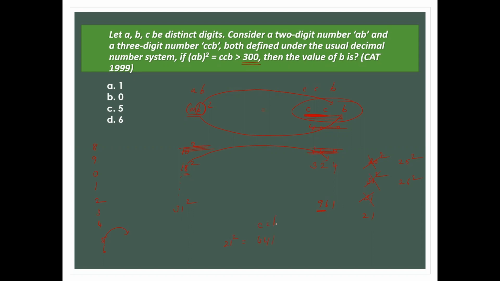So this is matching CCB. AB square is equal to CCB, matching it. Next, 25 square is 625. It doesn't match. 26 square also doesn't match. So there was only one number that matched, and AB's value was 21. This was 441. What is the value of B? The value of B is going to be 1.